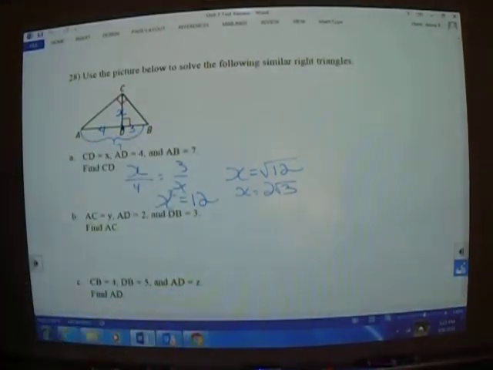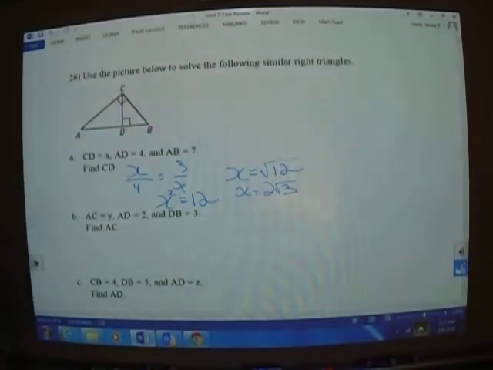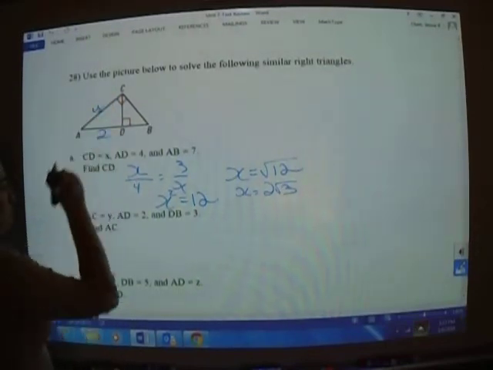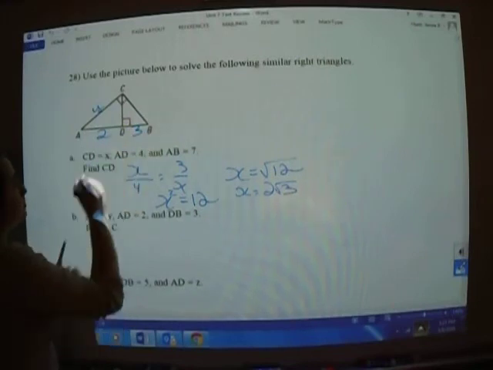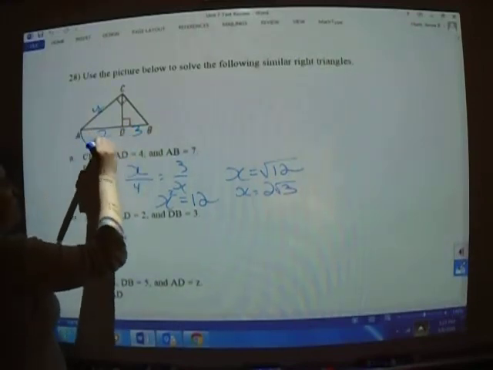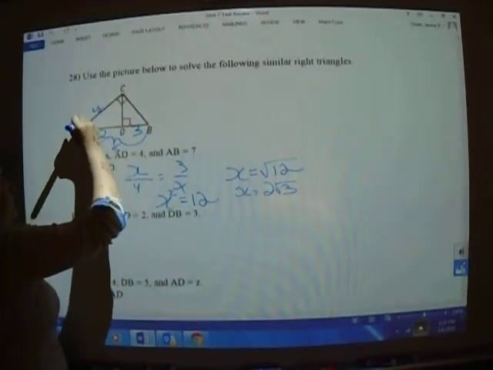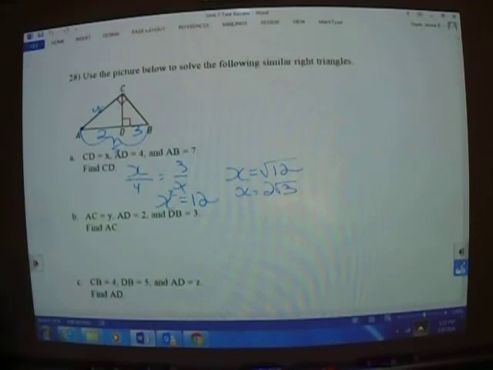All right? Now let's look at B. Wipe this off, clean slate. AC equals y. So this equals y. AD equals 2, and DB equals 3. Find AC. Well, first of all, AB is 5. And y shares a vertex with AD and AB, because those are two parts of our big hypotenuse.